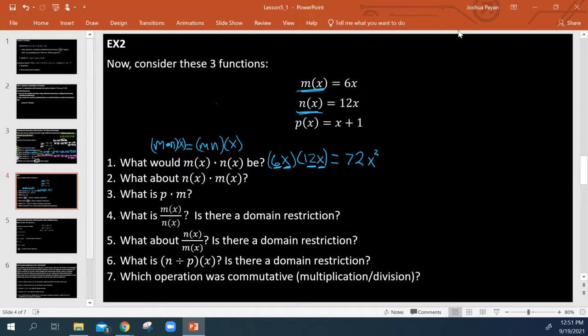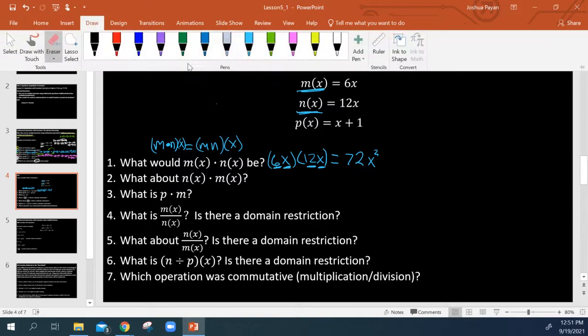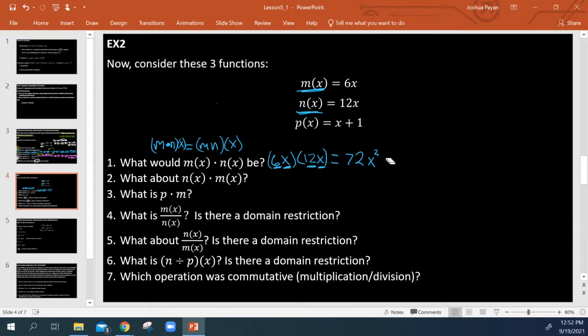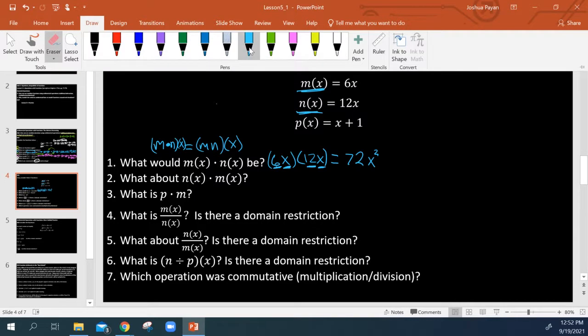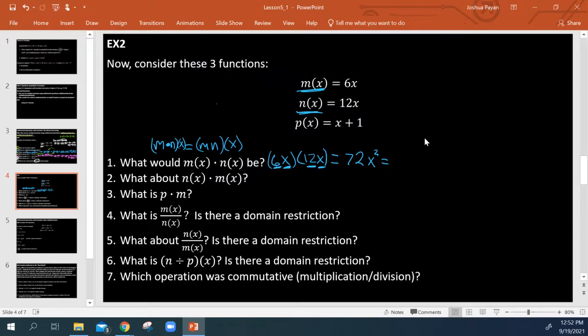Much in the same way that we say 3 squared is equal to 3 times 3, x squared is equal to x times x. So just a little refresher in case you had a brain fart on where I got that from. So my answer here would be m times n of x is equal to 72x squared.